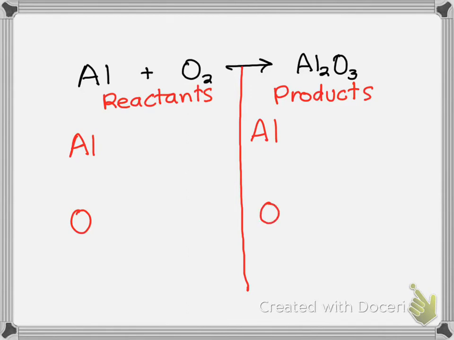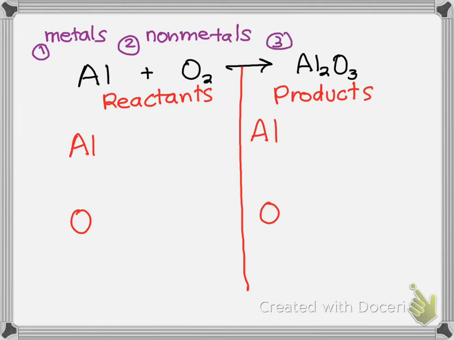Now, I have found through experience that while there's not a specific order that's required, if you do the metals first, and then non-metals, and then you do hydrogen and oxygen, this tends to be the path of least resistance to balancing.